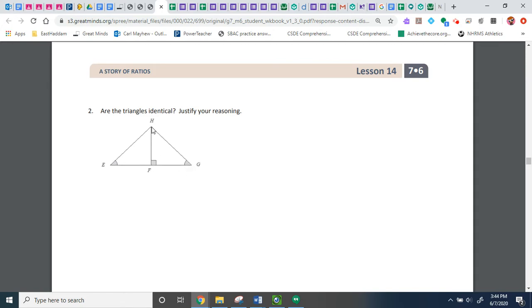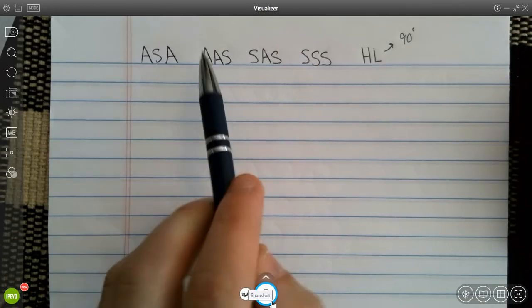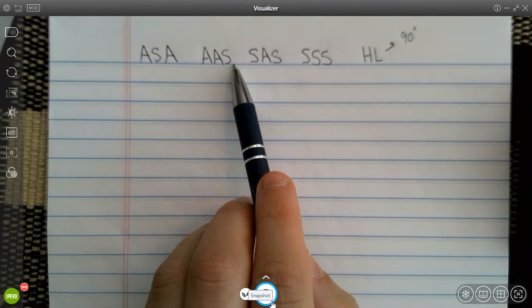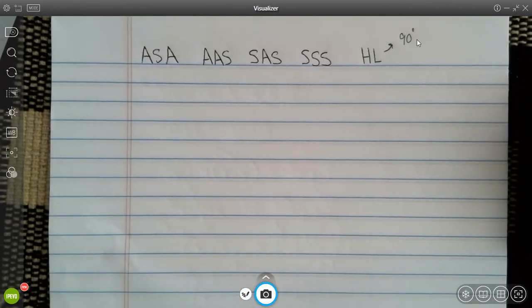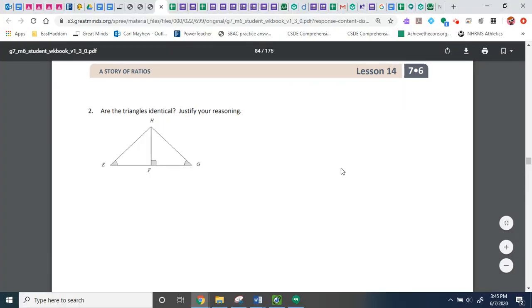What we should also see is that if this line goes straight down, and we know that EG is also a line, if it makes a 90-degree angle here, it also makes a 90-degree angle over here. Therefore, we have an angle, another angle, and then a shared side that they both have. Now, if we look at our rules, angle, angle, side shows us that this is enough information to show that these two triangles are congruent to one another.